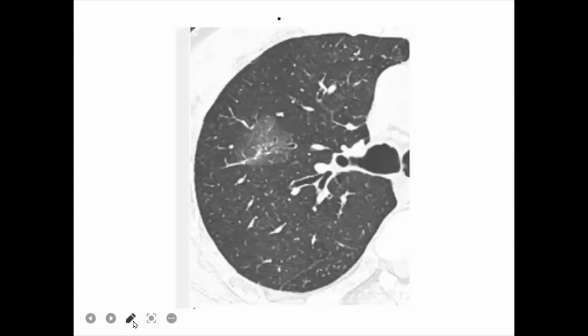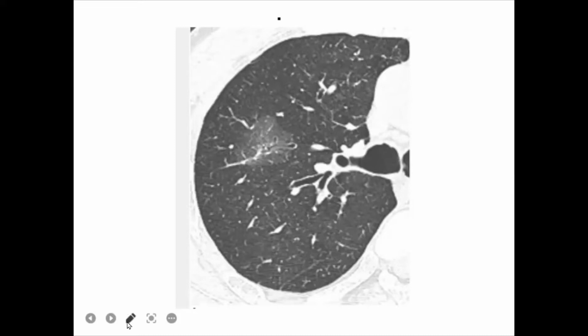Before understanding the atoll or reverse atoll sign, halo sign or reverse halo sign, let us understand one thing. As I have previously taught you, this is the ground glass opacity. After some time, it will convert into a consolidated patch. Consolidation may start from the center or from the periphery.